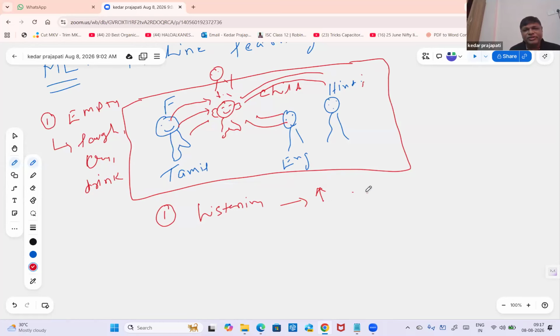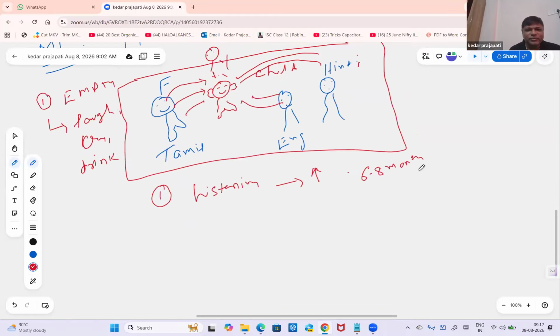Then when the child becomes 6 or 8 months old, the first word he says is either appa or amma. And we become very happy that my child has taken my name.